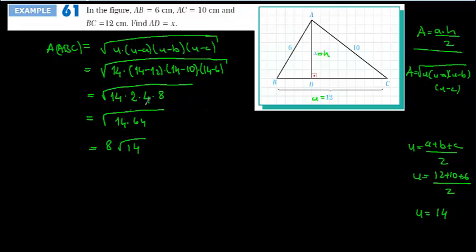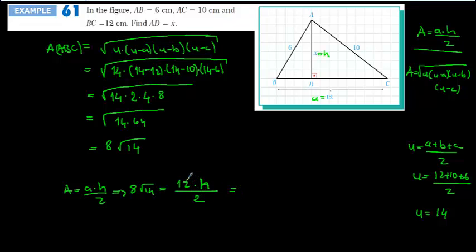Okay, how to find the h here? I said the other formula is a times h over 2. So area is equal to a times h over 2, and that's equal to 8 root 14, where a is the base, which is 12, times h, which we don't know and I am to find, over 2.